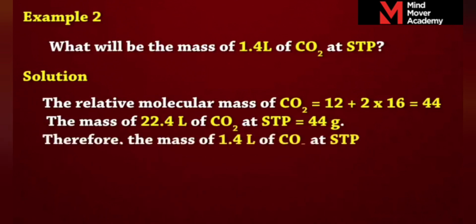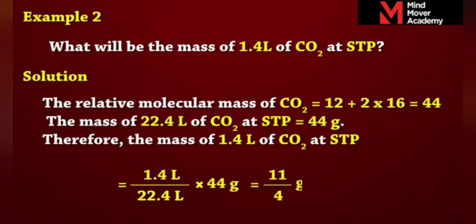Therefore, the mass of 1.4 liter of carbon dioxide at STP is equal to 1.4 liter divided by 22.4 liter into 44 grams is equal to 11 by 4 grams is equal to 2.75 grams.